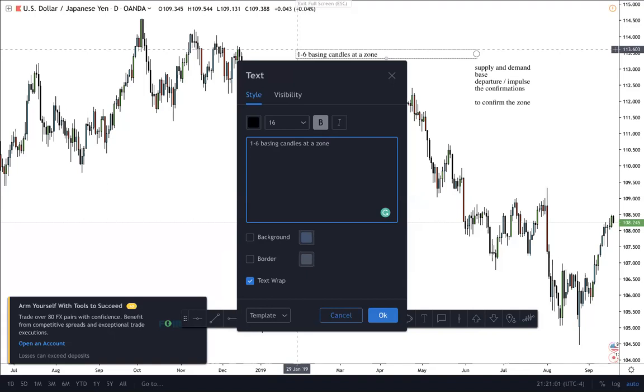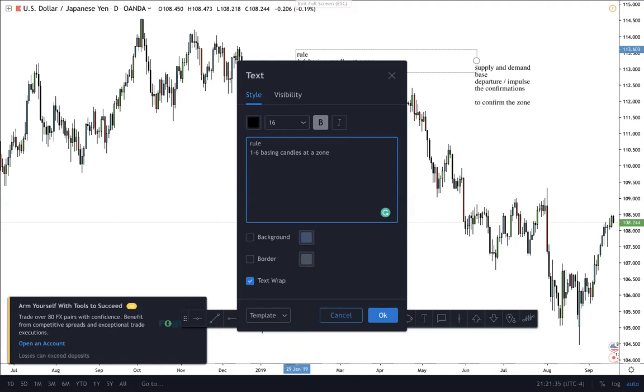So the zone would not be as high a probability, or it won't be safe to place a trade in that zone, because the price is too balanced. So there can only be 1 to 6 basing candles. That's rule number 1 for the base. Make sure you take notes.